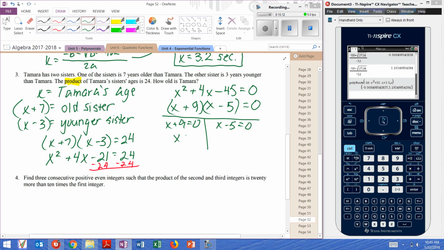So if we move our constants to the other side of the equation, we get x equals negative 9 and x equals 5. We don't want the negative because we can't have negative ages. Tamara cannot be negative. So Tamara is 5 years old.